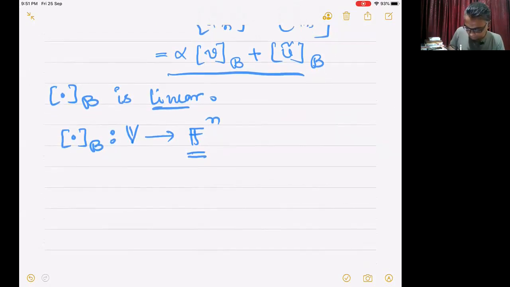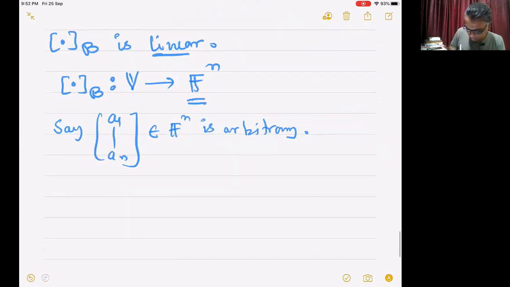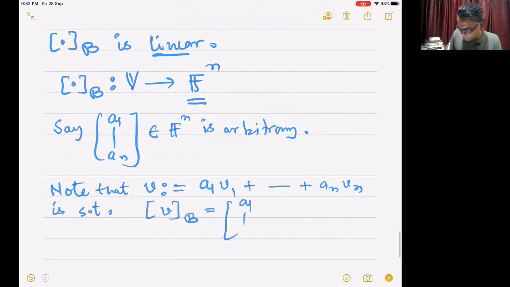So let's say a1 up to an in F to the n is arbitrary. Note that v defined as a1 v1 plus dot dot dot up to an vn is such that its representation is a1 up to an.